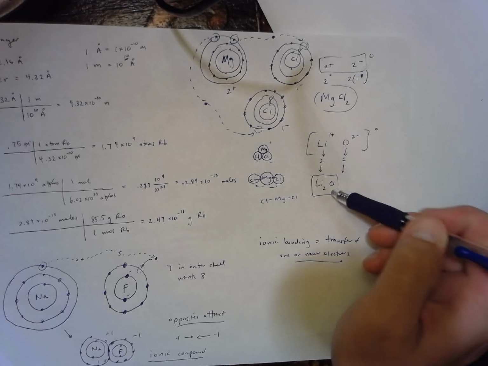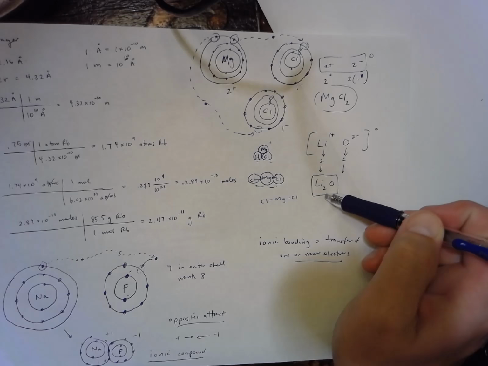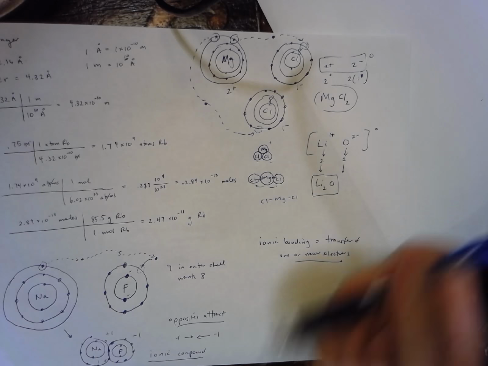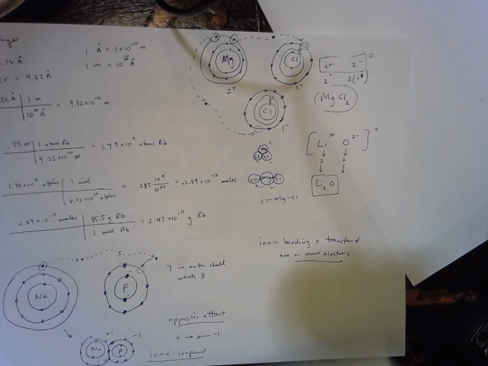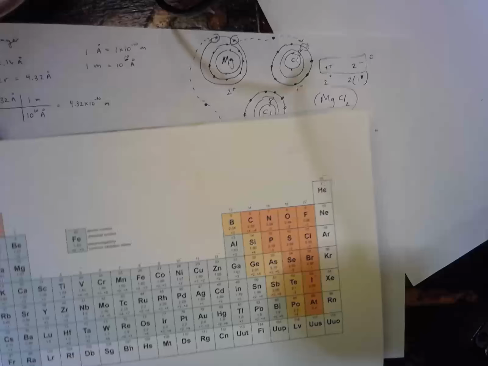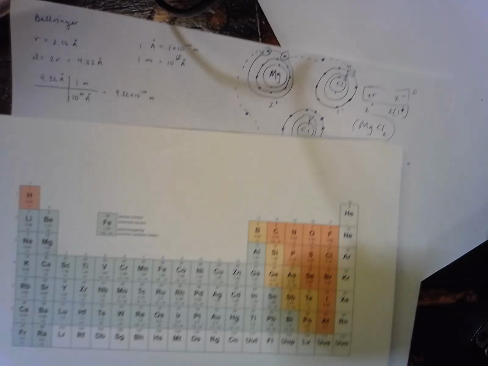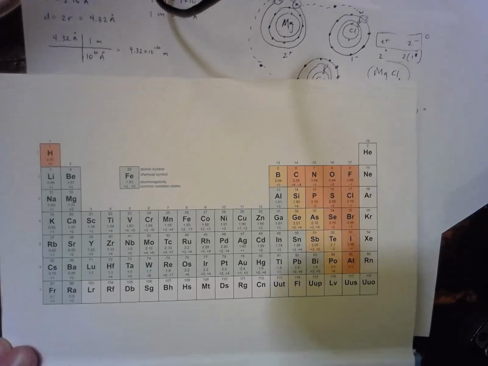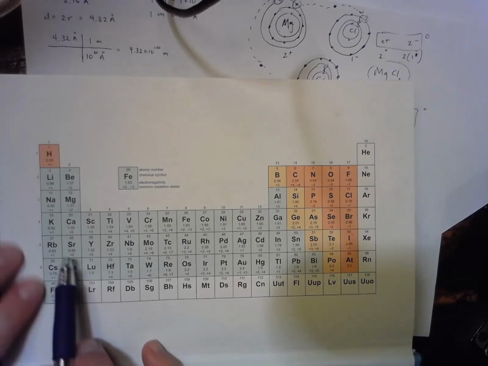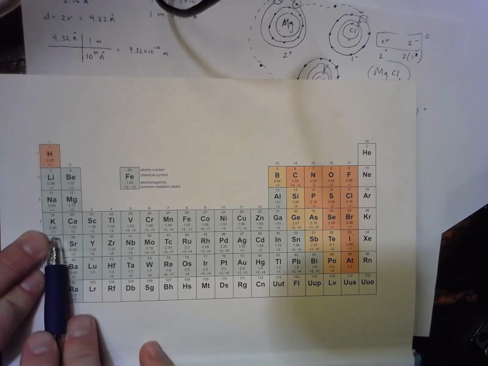So we know that this is going to form an Li2O. All right? And we can do any number of combinations and end up with a similar situation. All right? A +1, a -1.